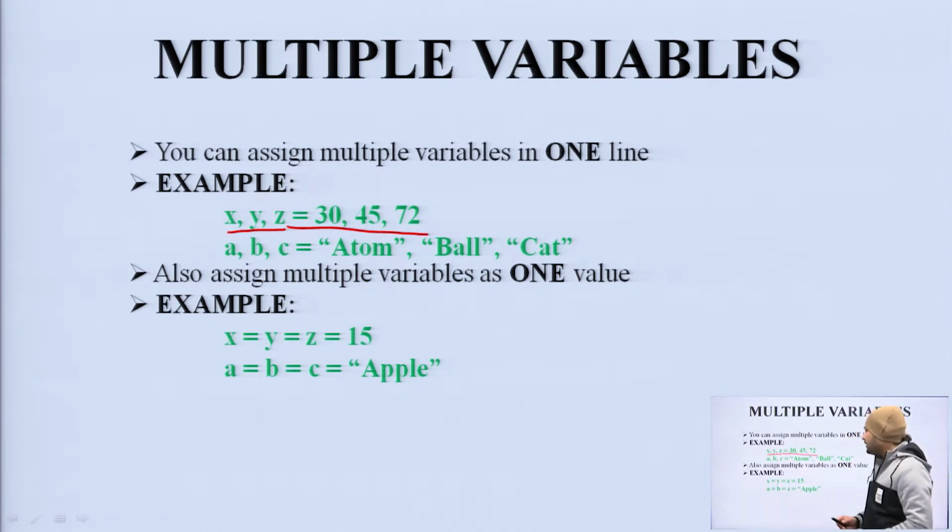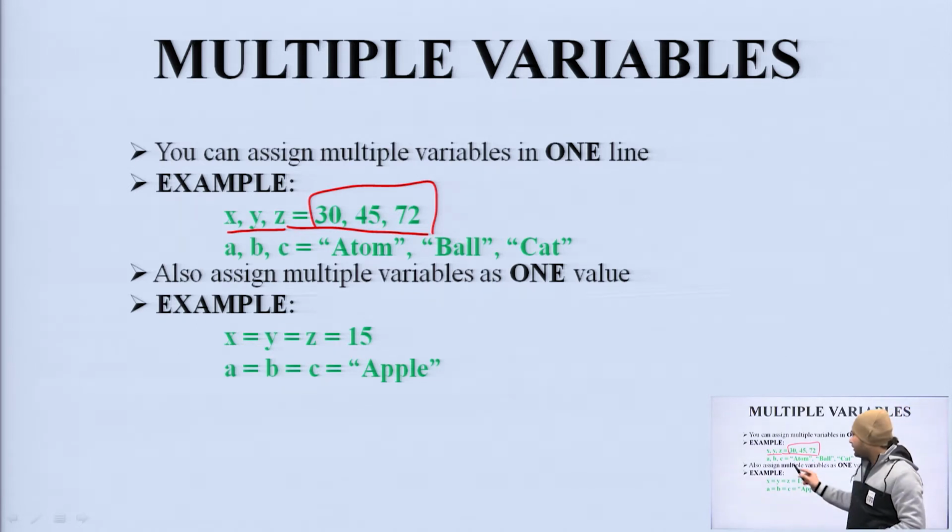Here you can see x, y, z, that means the variable names on the left hand side will be separated by commas, and the same fashion will be repeated on the right hand side, that is with the values. It is just like a queue in which the first person receives the first thing, the second person receives the second.